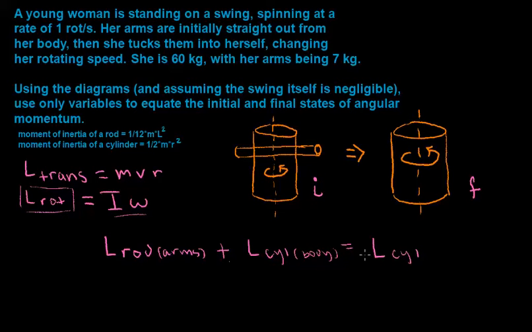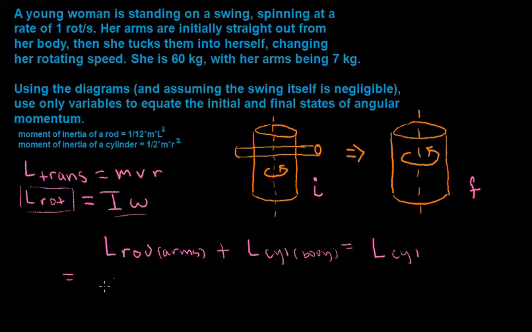So we have to write all of these in their specific variables. So the angular momentum in terms of her arms, her body, and then just the arms and the body together. And we know that all of these three angular momentums are going to be the moment of inertia times the angular velocity, so we can just flesh out these moment of inertias automatically.